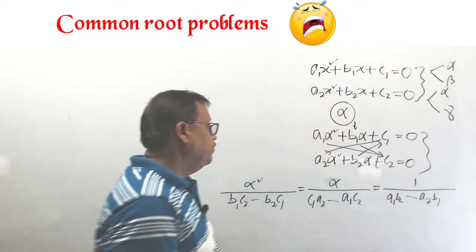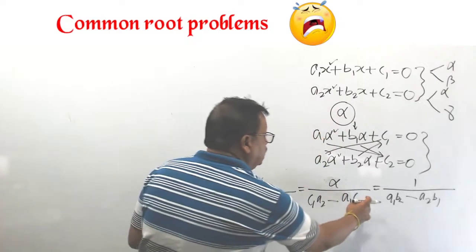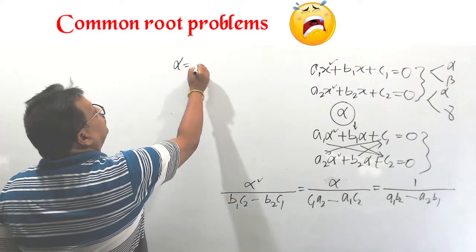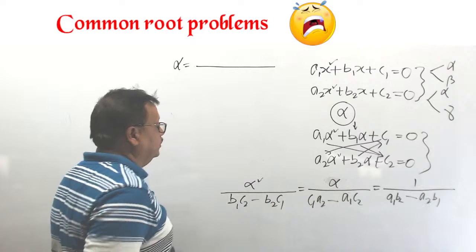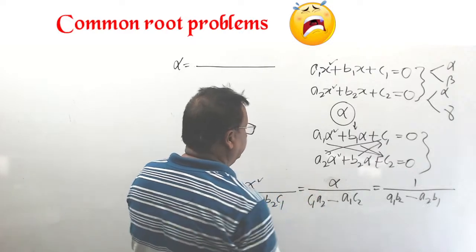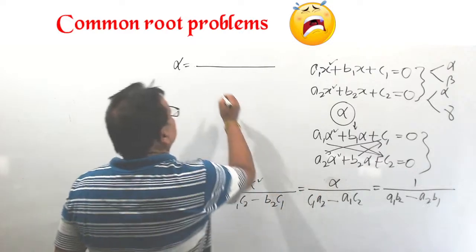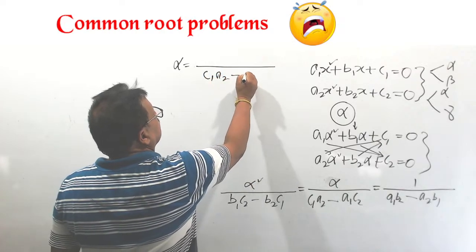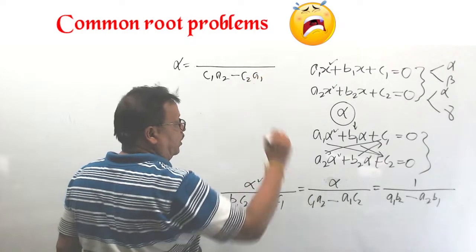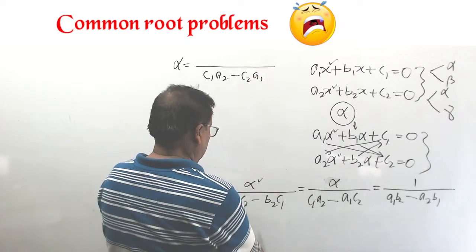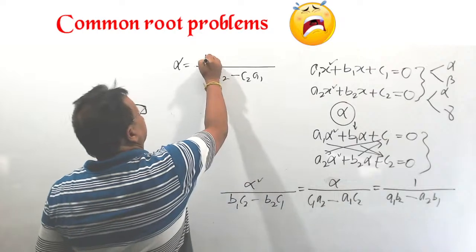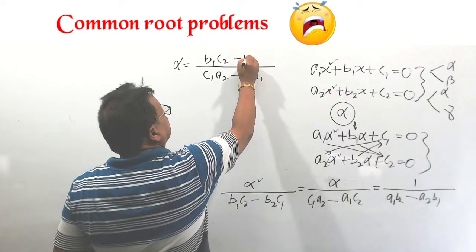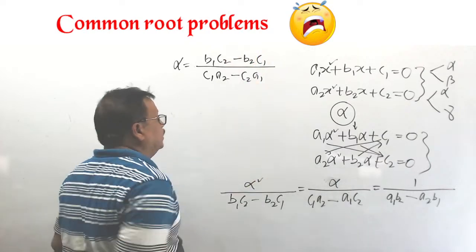This we got. Now first we compare these two terms, and you will get alpha equal to what? Alpha and alpha will cancel. So alpha is equal to c1 a2 minus c2 a1 over b1 c2 minus b2 c1.